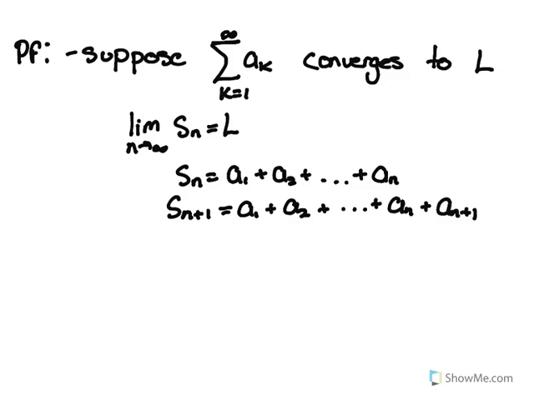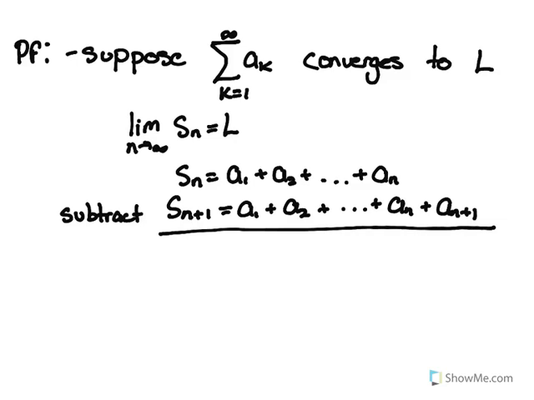Once again, we're going to subtract these two equations. I'll subtract the top line from the bottom line, so this gives us that S_{n+1} minus S_n is equal to, and all these terms here cancel, and we're left with just a_{n+1}.